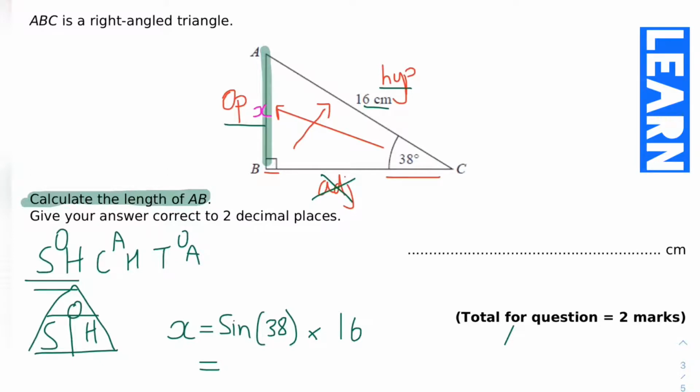When you type this in a calculator, please make sure that you do type in the extra bracket after that 38. So just like I've written it down. So sine brackets 38 brackets times 16. You'll then get the answer 9.85053, and that keeps going on.